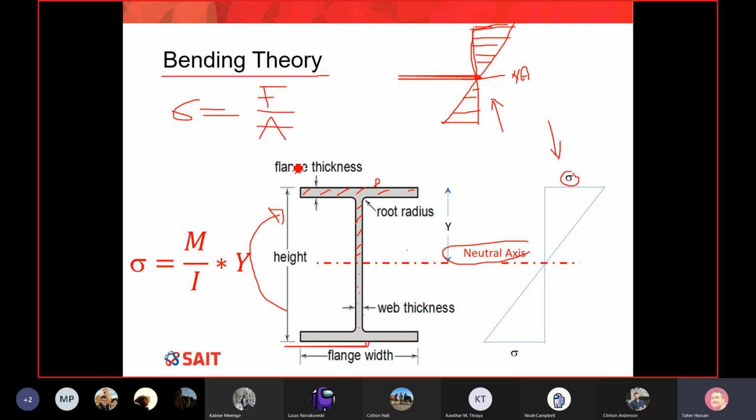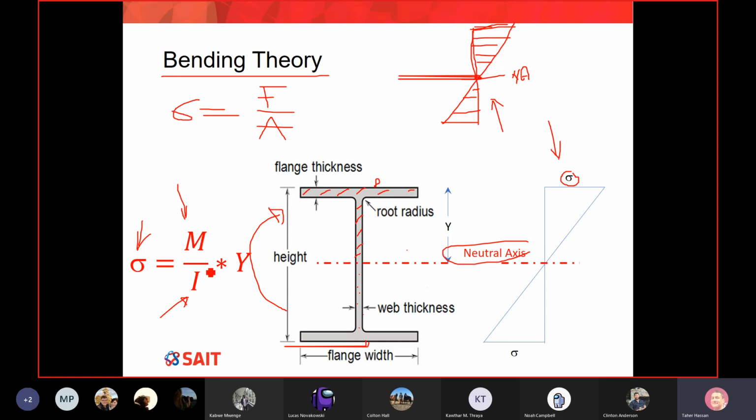So how do we estimate the stress from a bending moment? If I apply a bending moment on my cross-section, how can I estimate the stress? You can see here there's another sigma, and this sigma is the stress due to bending moment, not axial force. Very simple. It is simply M divided by something called I, which I will discuss later on, multiplied by Y. M is the applied moment, whatever moment that you apply.